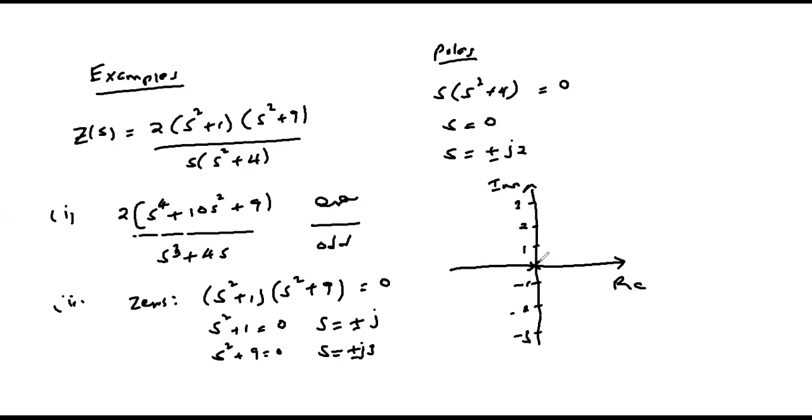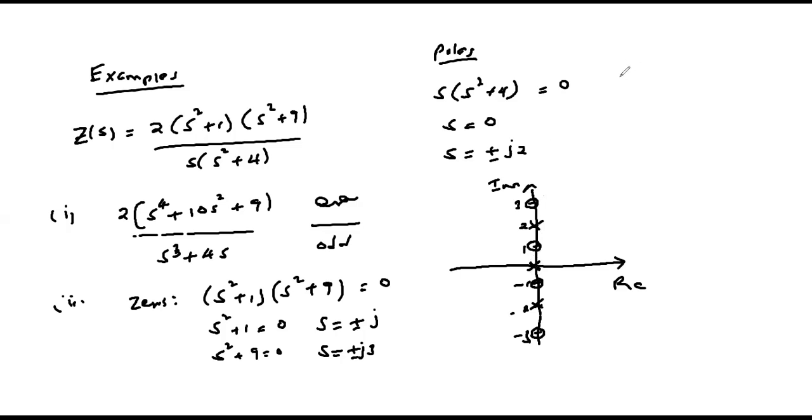We have zeros at j and -j, and zeros at 3j and -3j. All the poles and zeros are on the imaginary axis and they're interlacing, because we have a zero, pole, zero, pole, zero, pole, zero in that order, and therefore property number 2 is met.